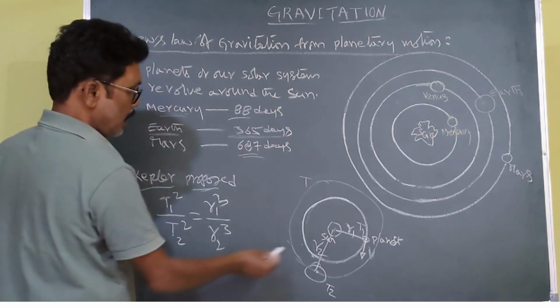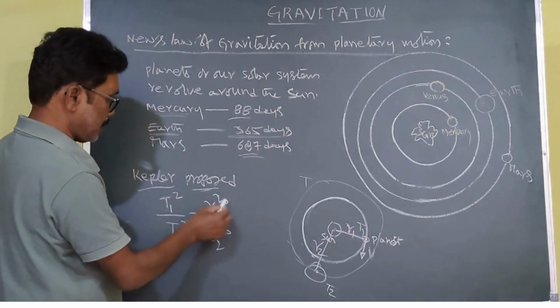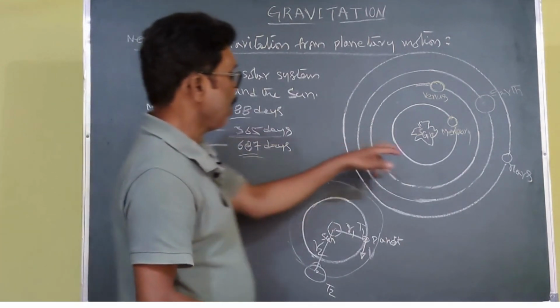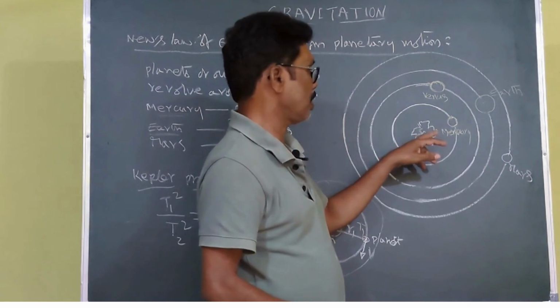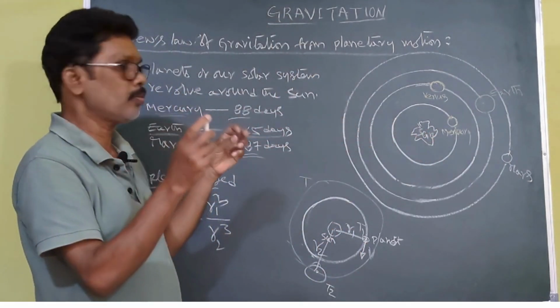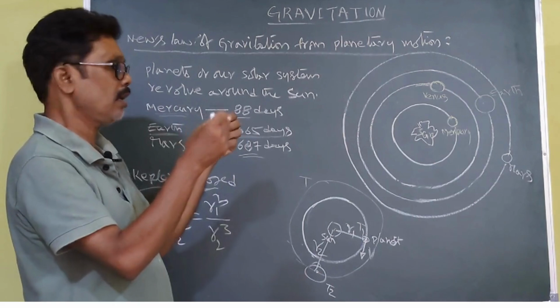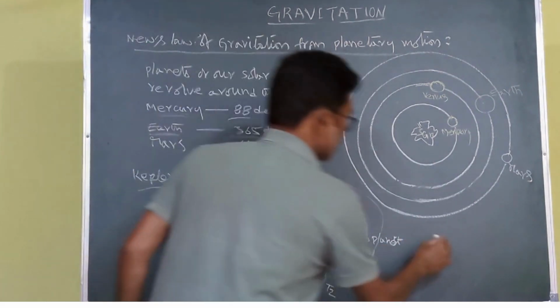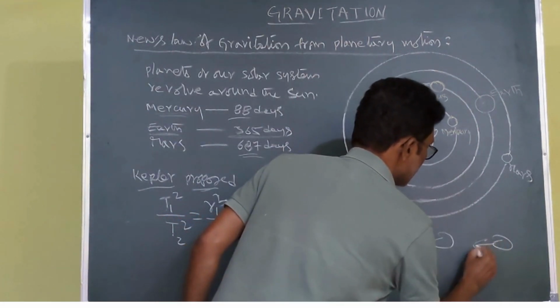So for two planets you can take that relation, because all these planets rotate about the sun. As discussed before, any two particles attract each other with whatever force is there.